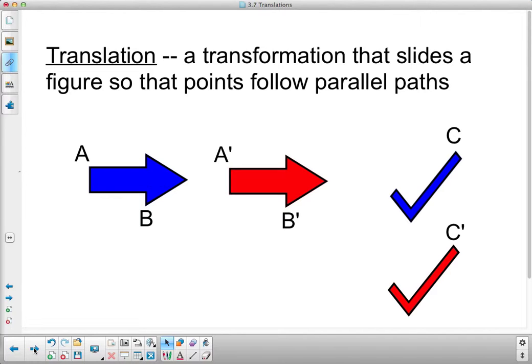The ones going at an angle are a little bit harder maybe to draw, so I started you out with horizontal and vertical slides. Notice the figure doesn't change size. It does change color, I guess, because we're coding what's the starting and what's the ending.